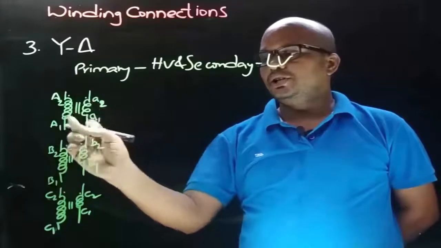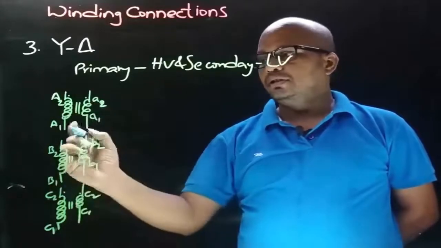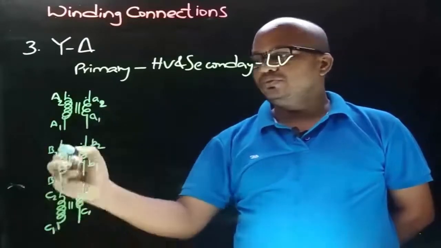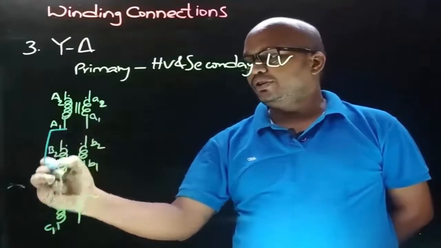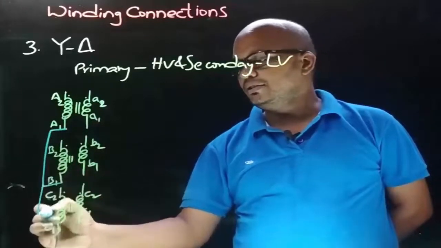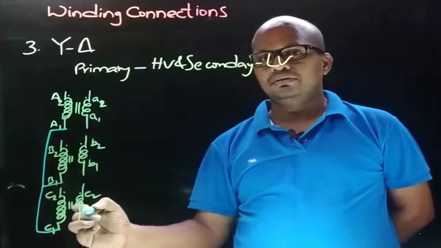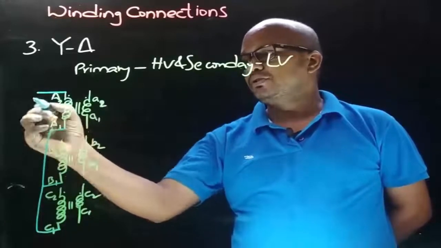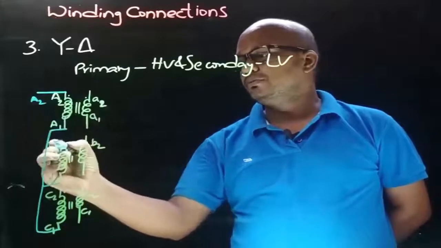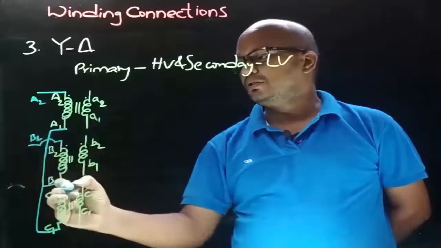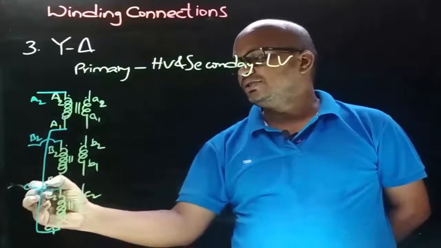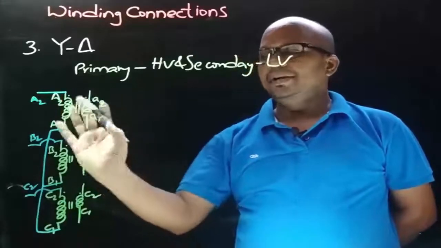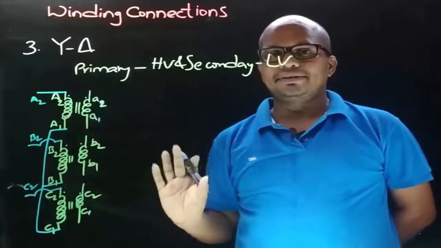So here the non-dot terminals are A1, B1 and C1. So join A1 to B1 and then to C1 and take the connections from dot ends. So this is A2, this is B2 and this is C2. So we obtained the star connection on primary side.